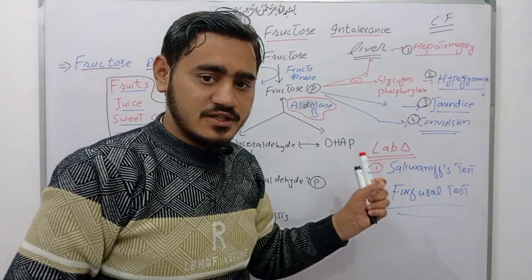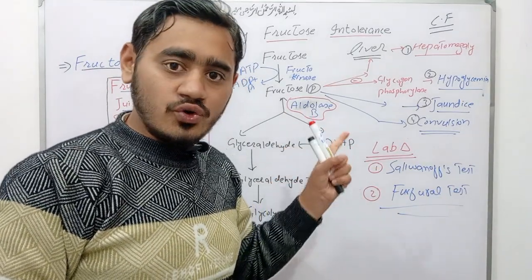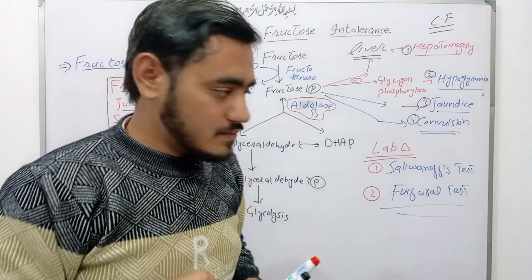These both tests are used to detect fructose in urine, and fructose is an isomer of glucose.